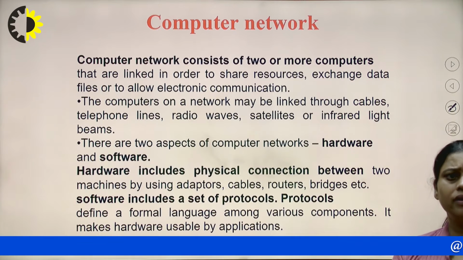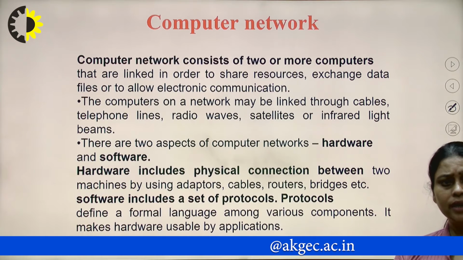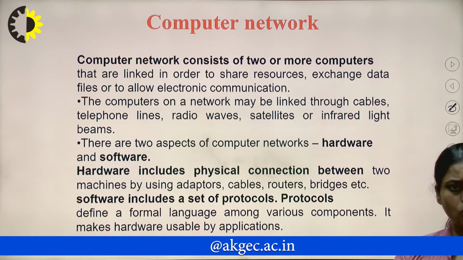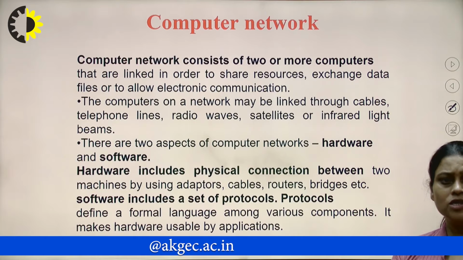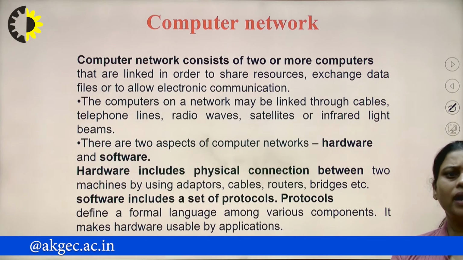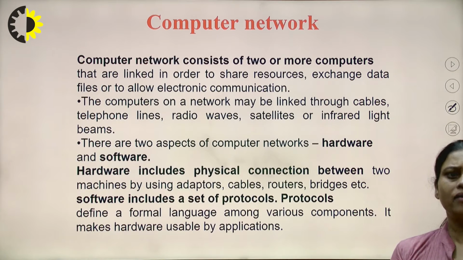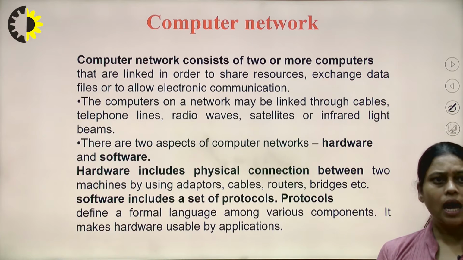So, along with hardware devices, there is a need of some software also for creating a network. So, software includes a set of protocols, and as we all know, protocols are a set of rules that define a format among various components, and it makes hardware usable by the application.